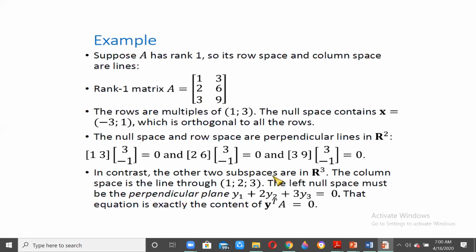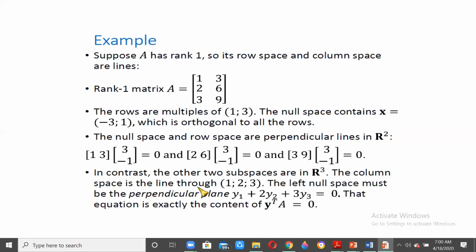In contrast, the other two subspaces, the column space and the left null space, will be in R cubed, and the number of rows here is 3.